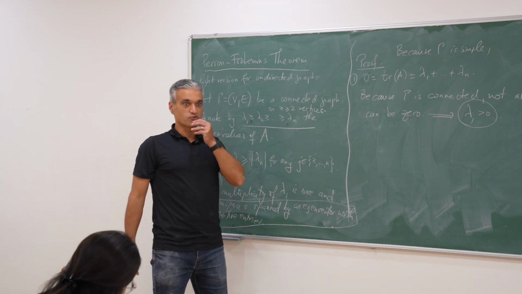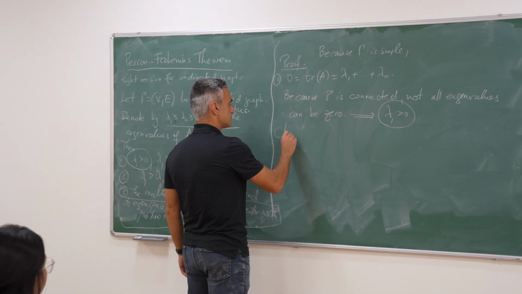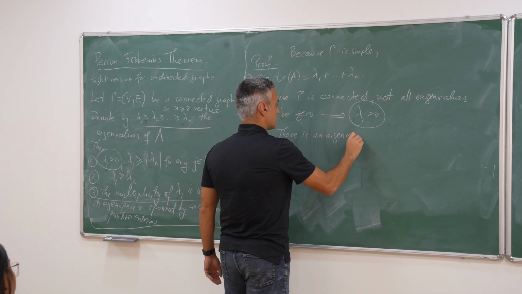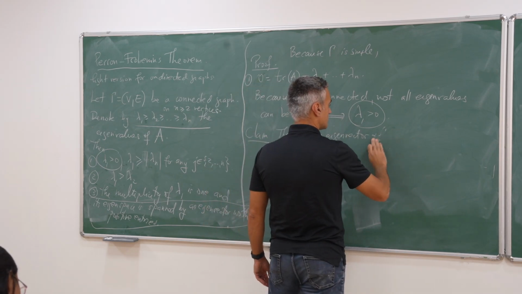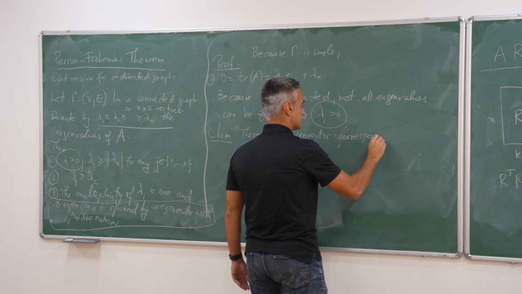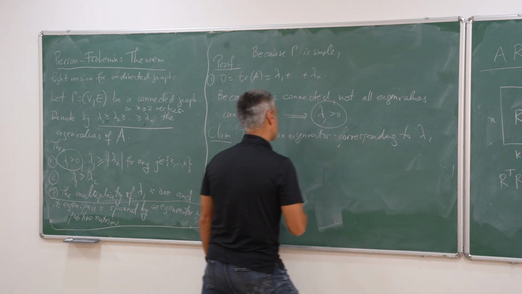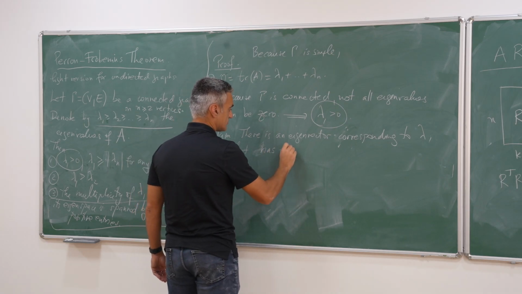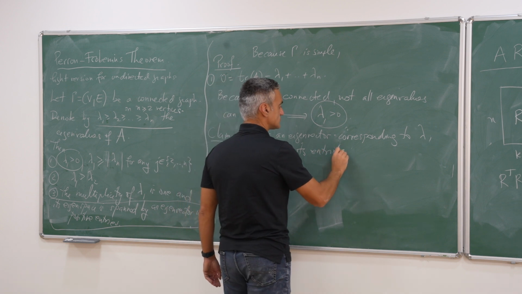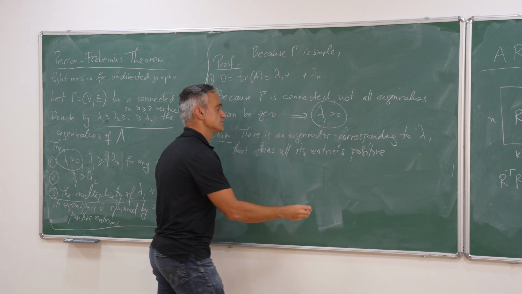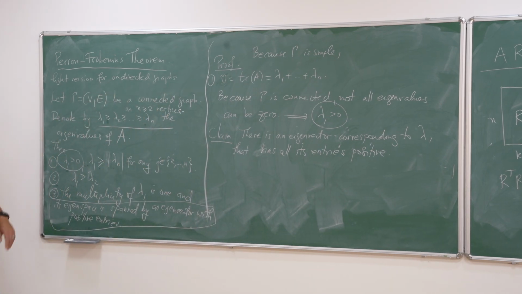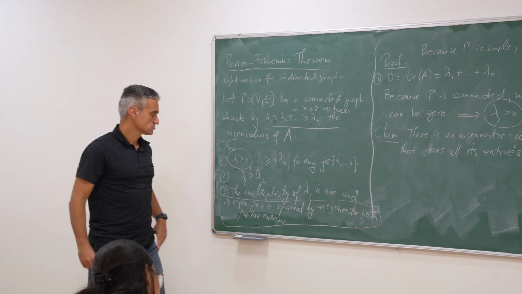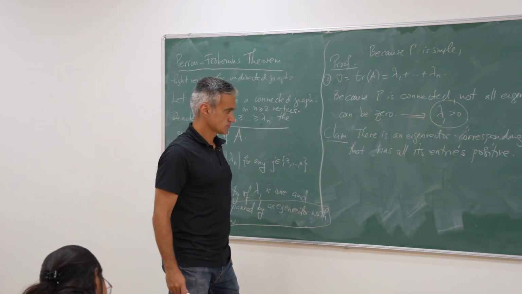I want to convince you of this claim: there is an eigenvector corresponding to lambda 1 that has all positive entries.